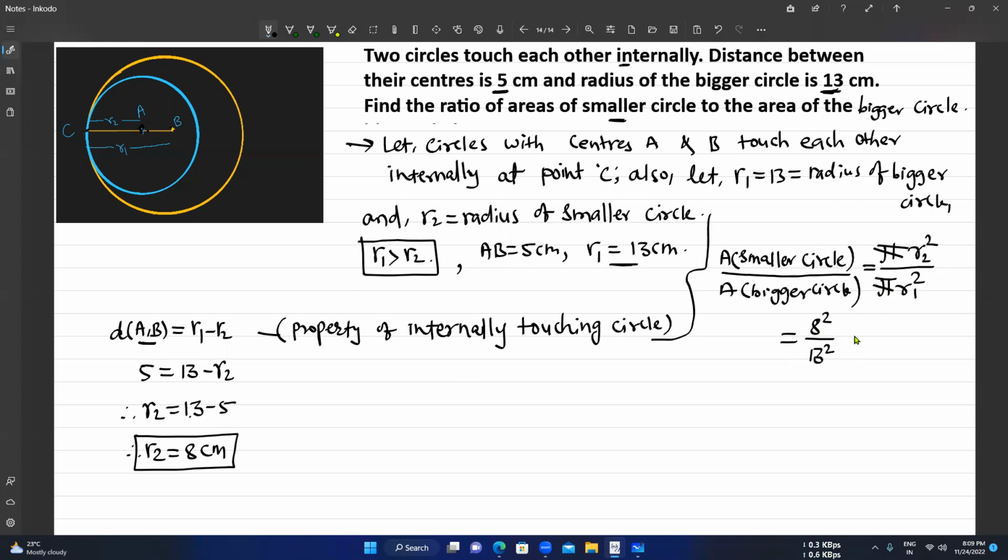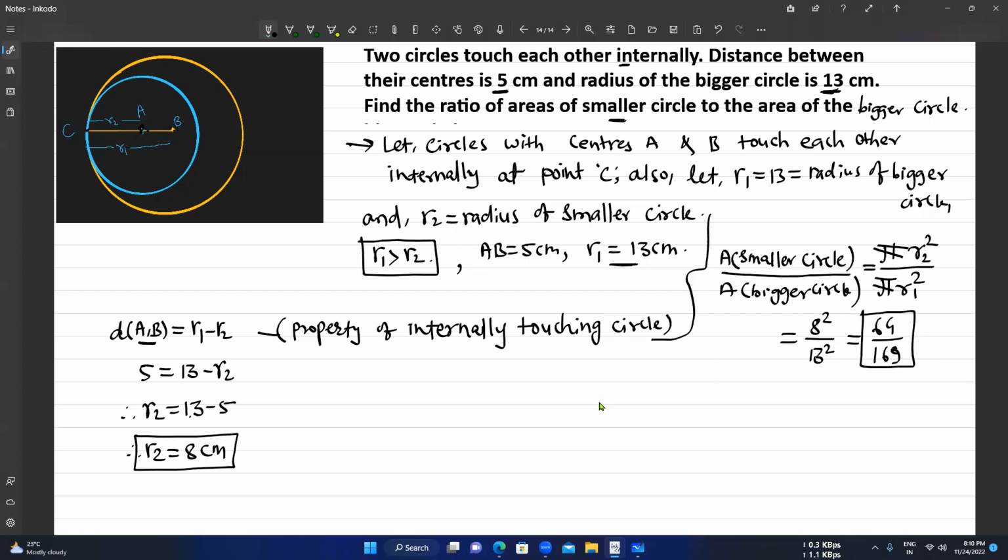Now square of 8 is 64 and square of 13 is 169. Since 169 and 64 don't have any common factor other than 1, the ratio will not cancel further. So this is nothing but the standard form of the required ratio.